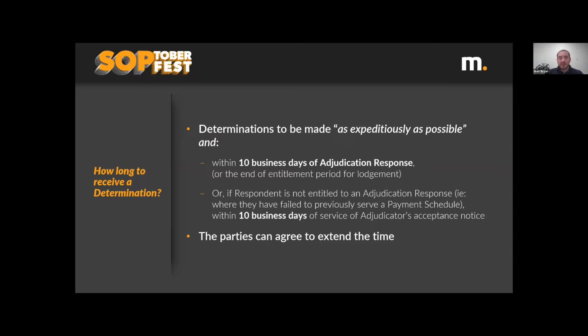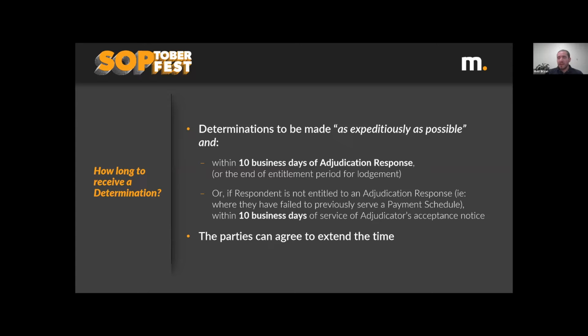In some circumstances, the parties can agree to extend the time within which the adjudicator can issue a determination. That will usually happen at the adjudicator's request, and in particular in matters which have some complexity about them or involve claims made up of many different items.